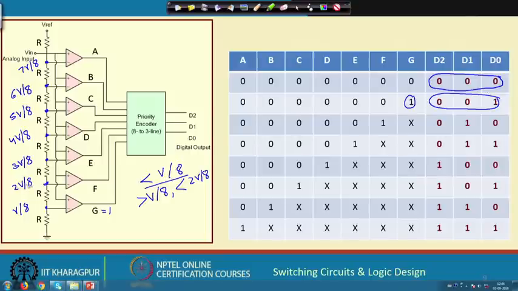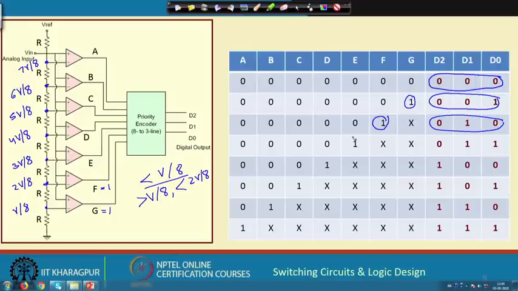Now, if it is greater than 2 V by 8, but less than 3 V by 8, then G equal to 1, F will also be 1, but all others are 0. Well, if F is 1, obviously G will be 1, that is why I am showing it as do not care, because it is a priority encoder. If it is greater than 2 V by 8, obviously it is greater than V by 8. Okay. So, in this case it is 0, 1, 0.